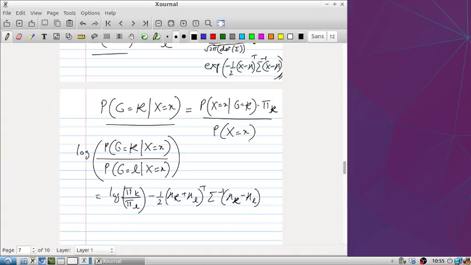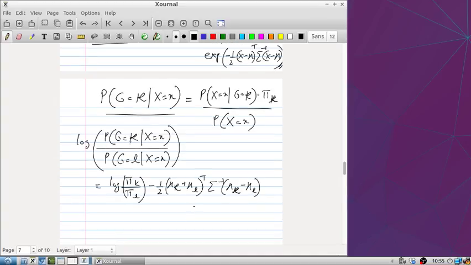Don't worry about writing this, it's not very critical. I'm just writing it because I want to focus on a couple of terms: x transpose sigma inverse (mu k minus mu l). And you can just substitute the definitions of mu k and mu l into this, right?